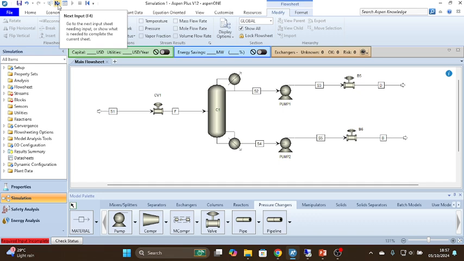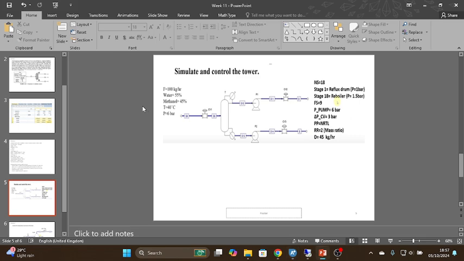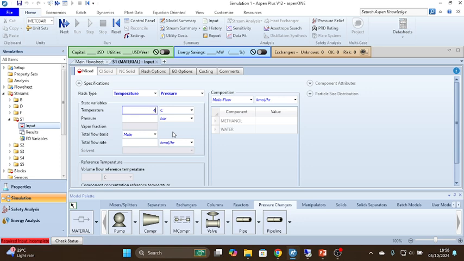Now our flowsheet is complete. We have to specify the feed stream. So this is S1, the feed stream that is coming in. The feed stream is at a temperature of 40 degrees Celsius and the pressure is 6 bar.